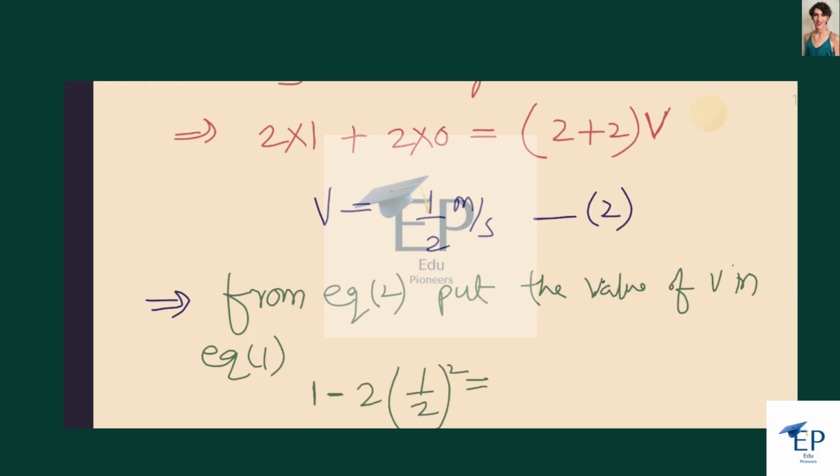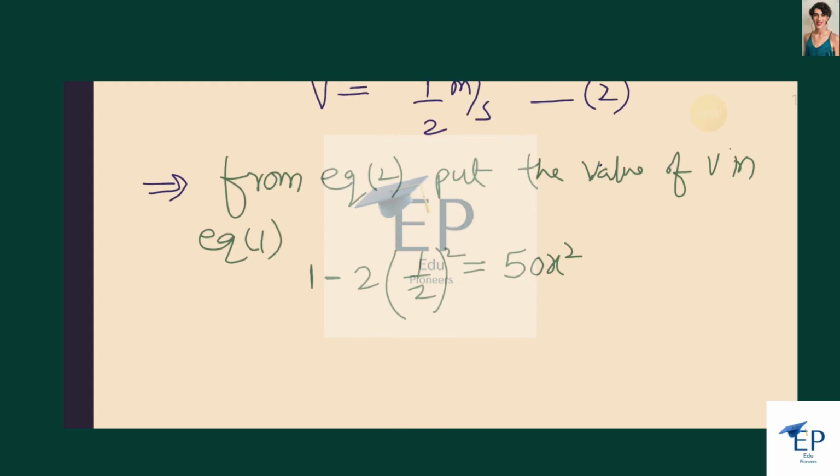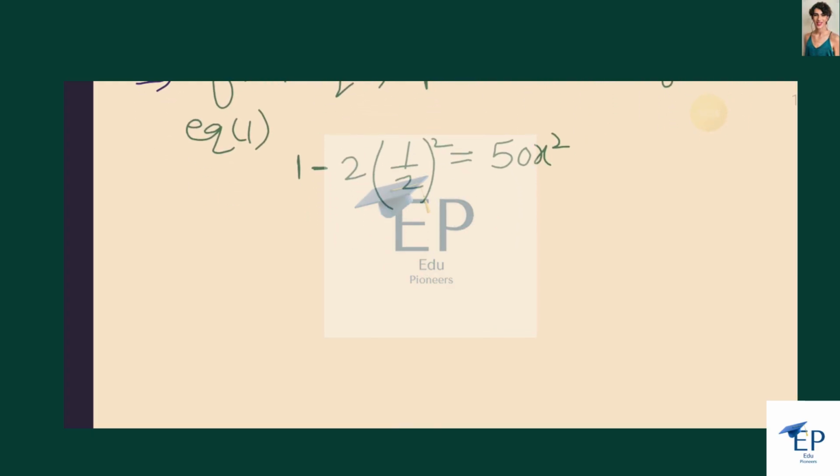Simplifying, I get the compression of the spring x equal to 1 over 10 meter, or in centimeter, x is equal to 10 centimeter.